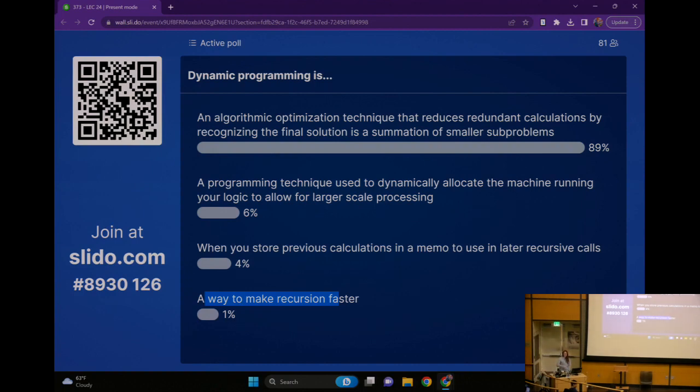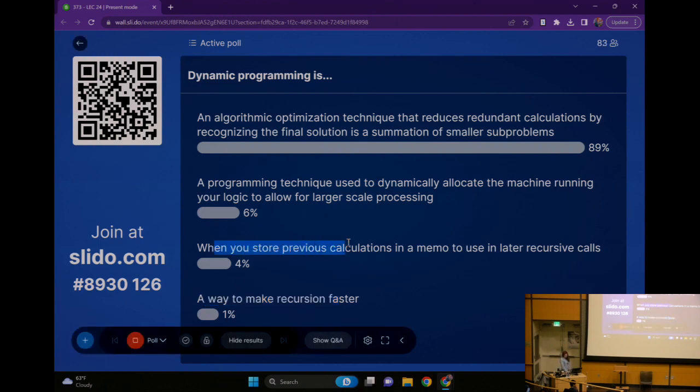It's not by definition only for recursive algorithms. However, all the really effective ways that we use it are almost always recursion, but it is not by definition only for recursive things. It does make recursion faster when you apply it to the right type of recursion.